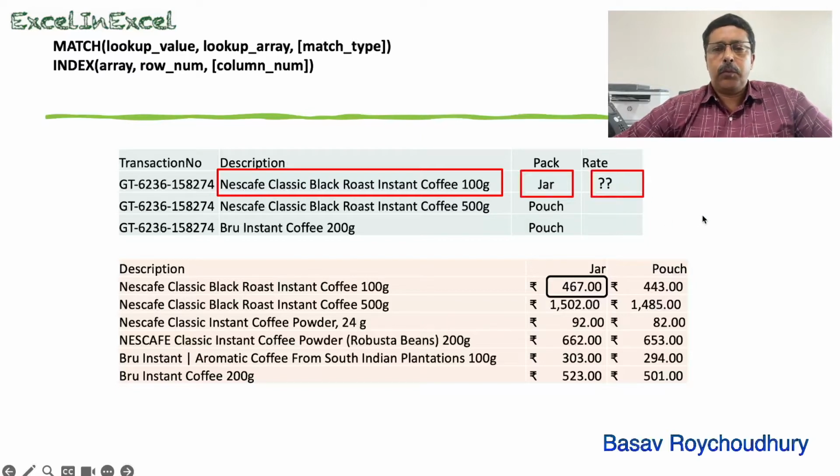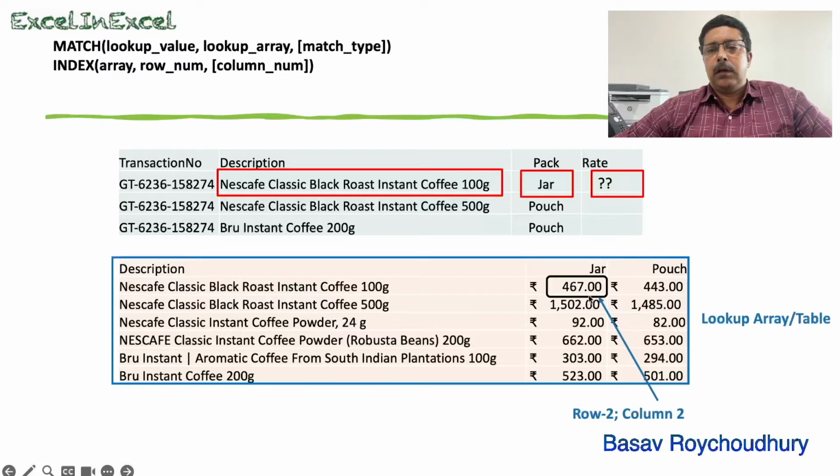So what we will do is we'll look at this particular table. As you can see, I had marked in this table, this 467 appears in row number 2 and column number 2. If we can figure out this row number 2 and column number 2, then from this lookup table or the lookup array, I should be able to extract this 467.